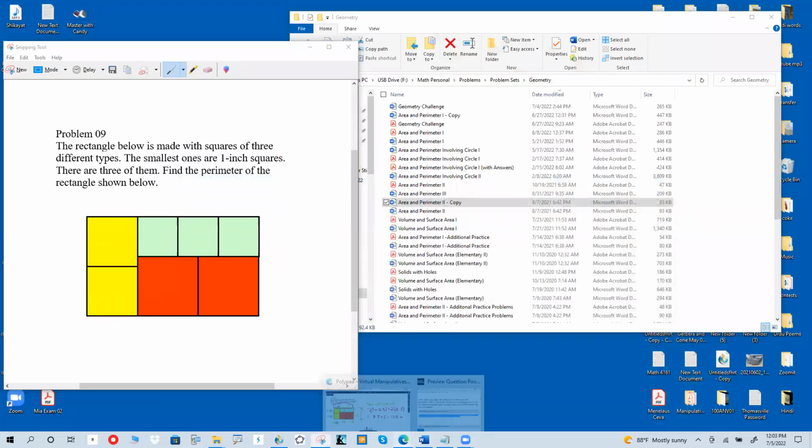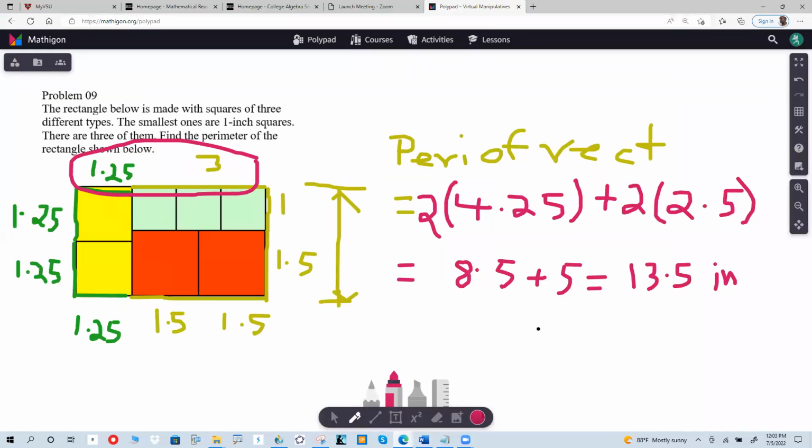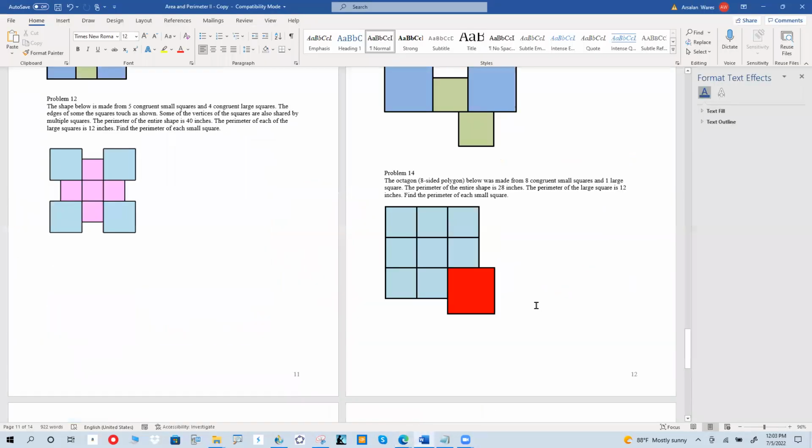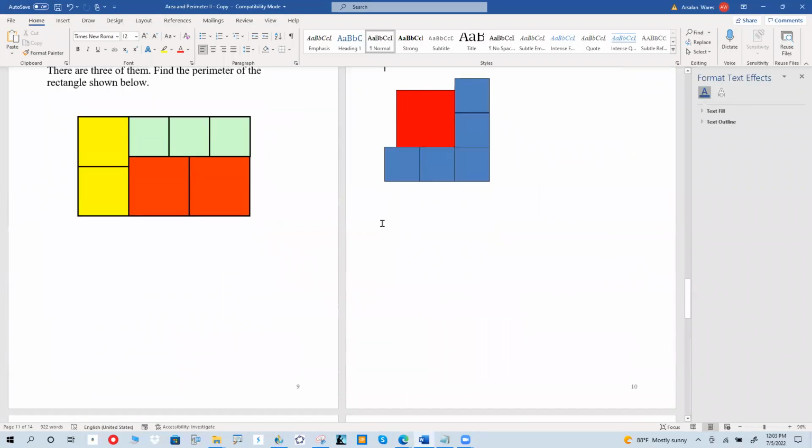Now I will do one more problem like this. This is considered difficult. And here it is. The perimeter of the whole rectangle is 13.5. Let's do one more. Okay, in class, most people will ask me to do another one, so I'm just going to go ahead and do it.